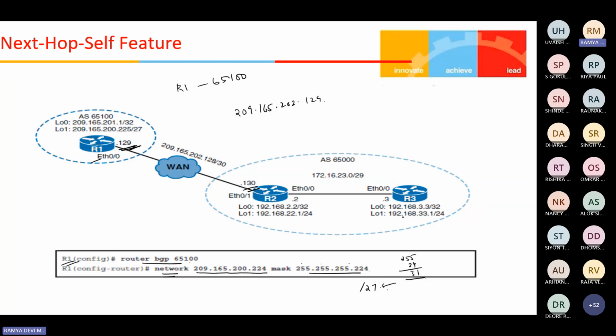So what happened to R3? If the next hop is not being changed, the same thing is being advertised. What will happen? R3 will know there is no direct route to reach this particular router. It is connected via R2. So if I'm not changing the next hop, when R2 passes this information, is there a direct link between these two?